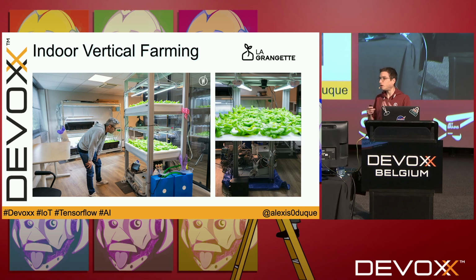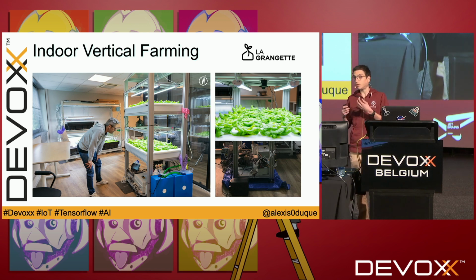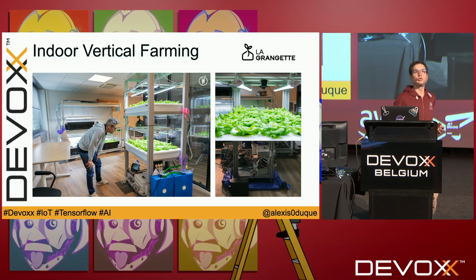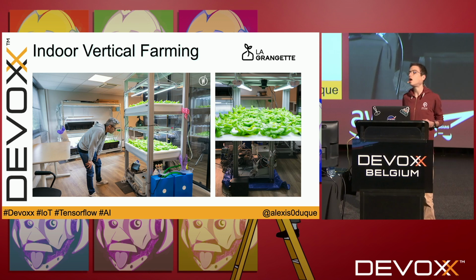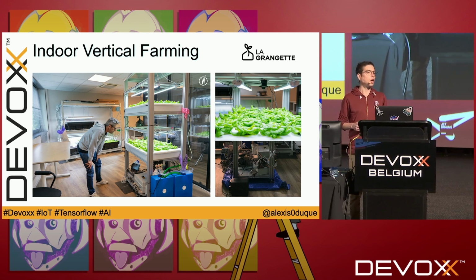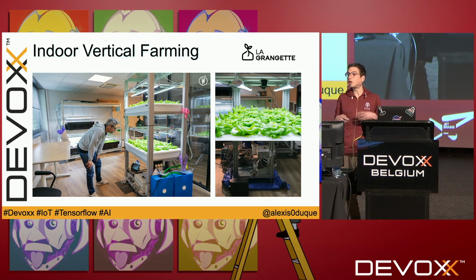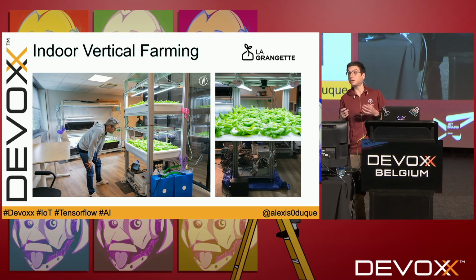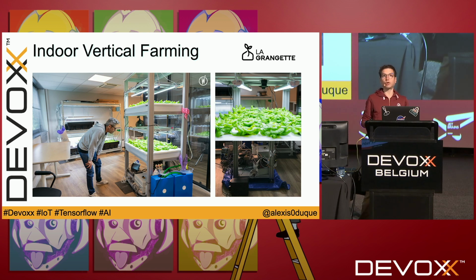You can try to optimize the taste of the vegetables because you have a very controlled environment. You can monitor everything you want, and you can totally control the climate of the greenhouse. And you can put it in your flat, you can put it in the city, you can save space. So that's why vertical farming is becoming more and more popular.